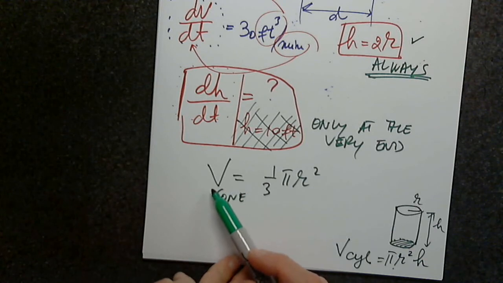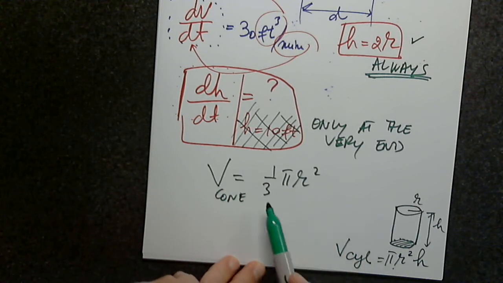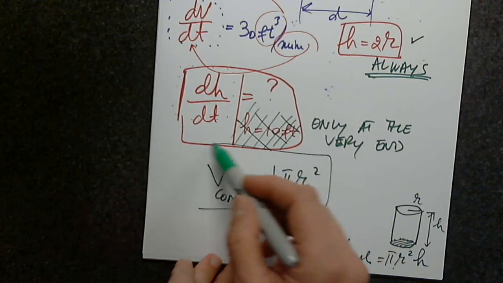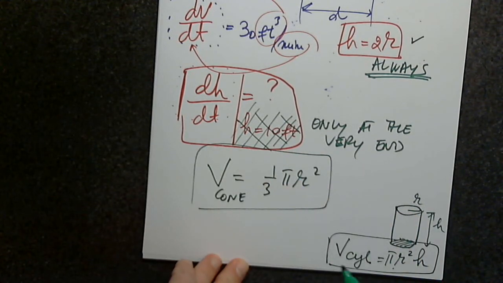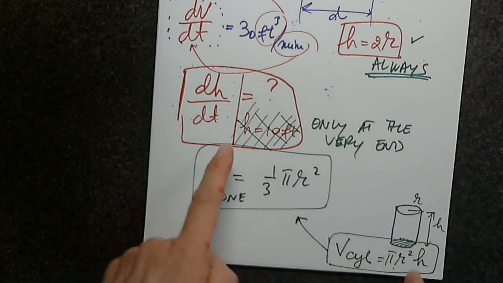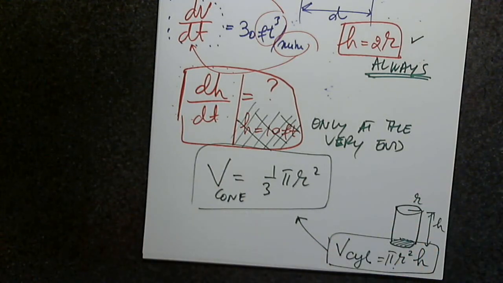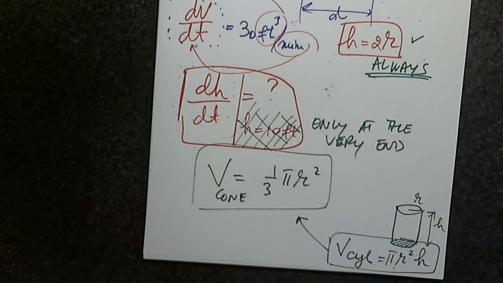All you have to remember is that the cone is identical, but it has 1/3 in front. So if you remember the volume of a cylinder, you will always remember the volume of a cone. It's only because it has 1/3 in front. This has nothing to do with our problem. I just wanted to show you how to remember the volume of a cone by comparison to the volume of a cylinder. Okay, so you can forget about this now.